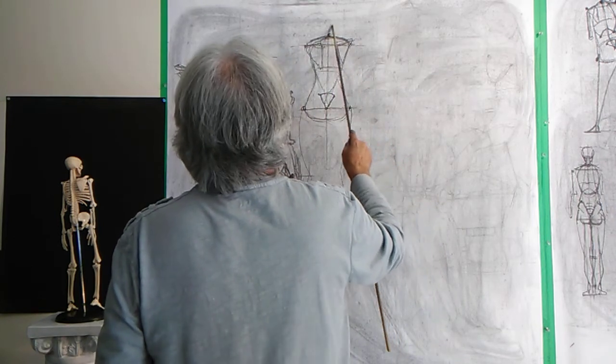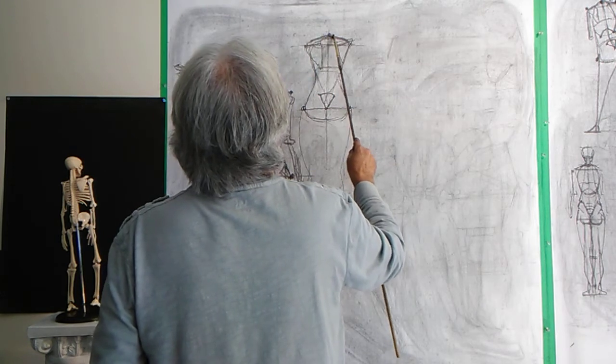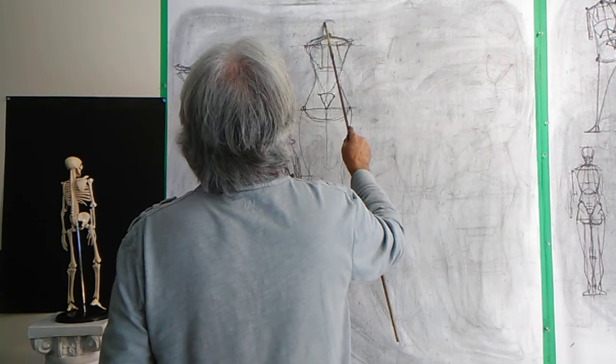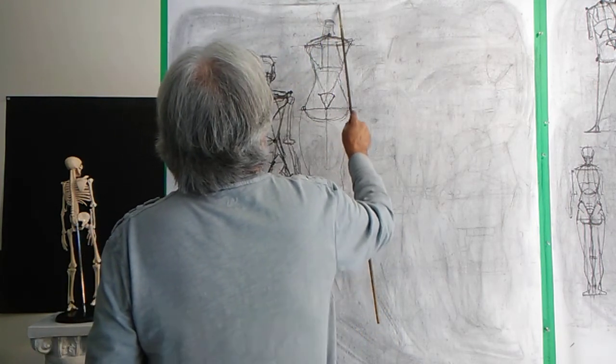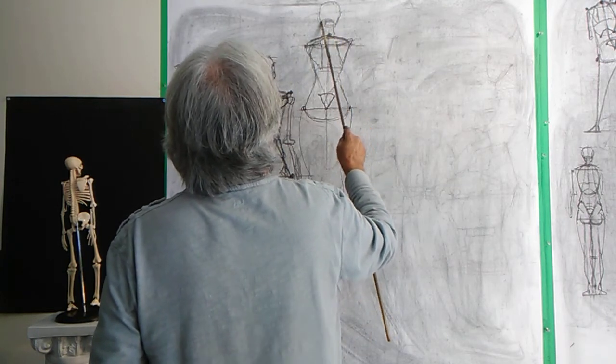Then I would know if this is my 7th cervical vertebra, the back muscle of the cranium would be here, just like the drawing we just did. And then ultimately, the back of the skull would wrap around there like that.